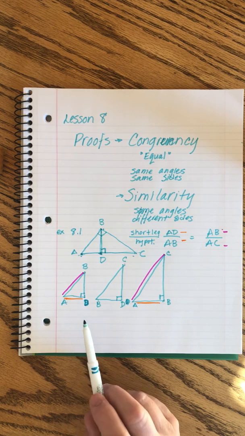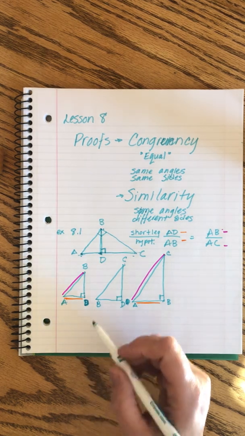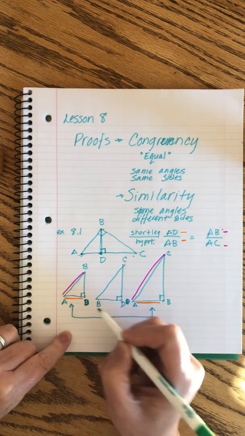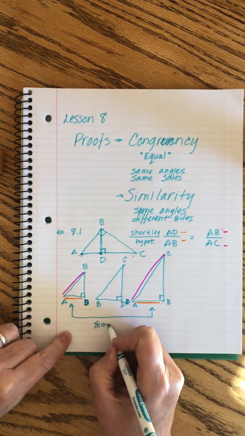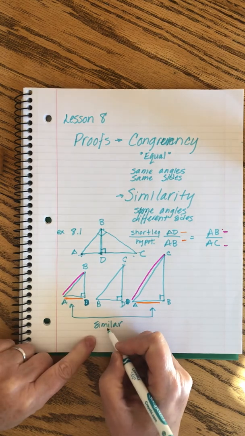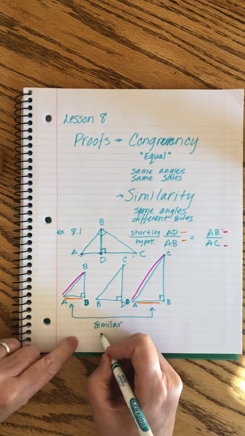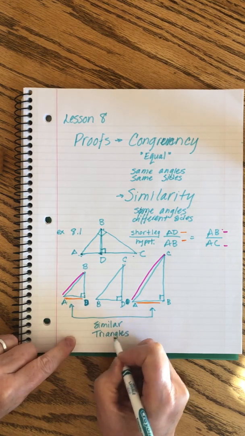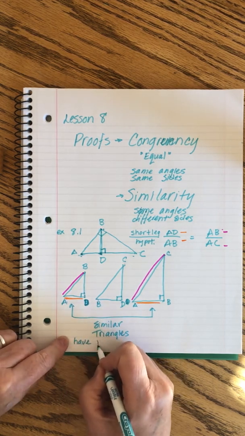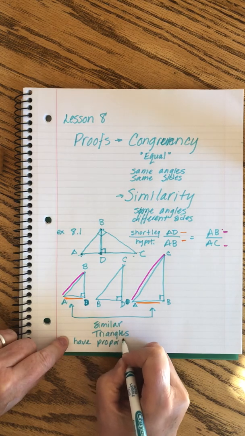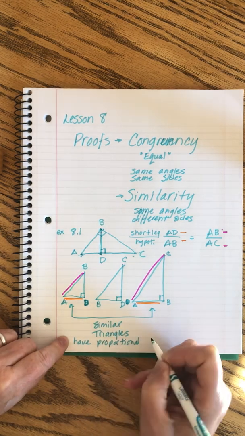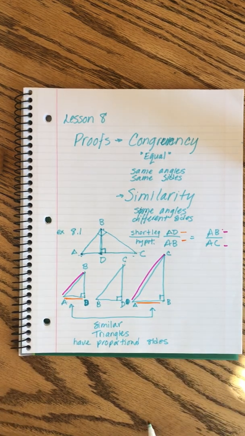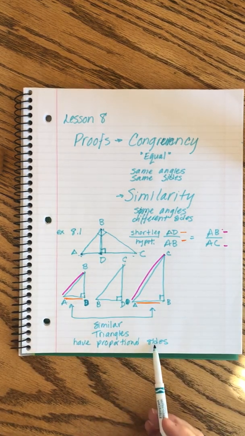Okay, so here's the thing. We have to prove somehow, we aren't really concerned with that middle triangle. We have to prove that these are similar. If these two triangles are similar, a cool thing about similar triangles is that they have proportional sides.